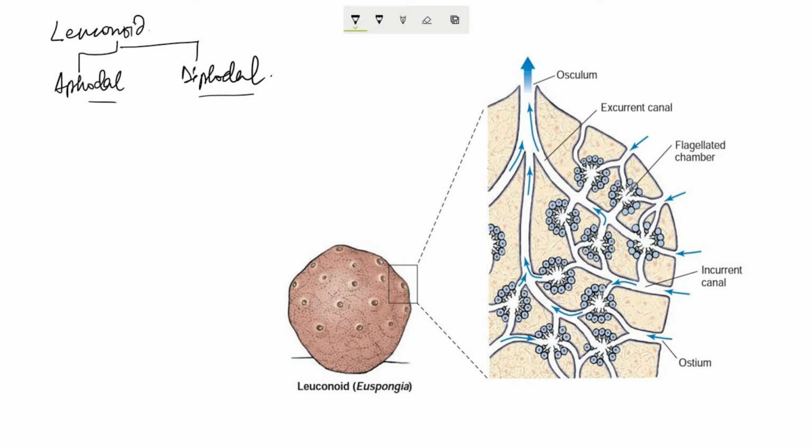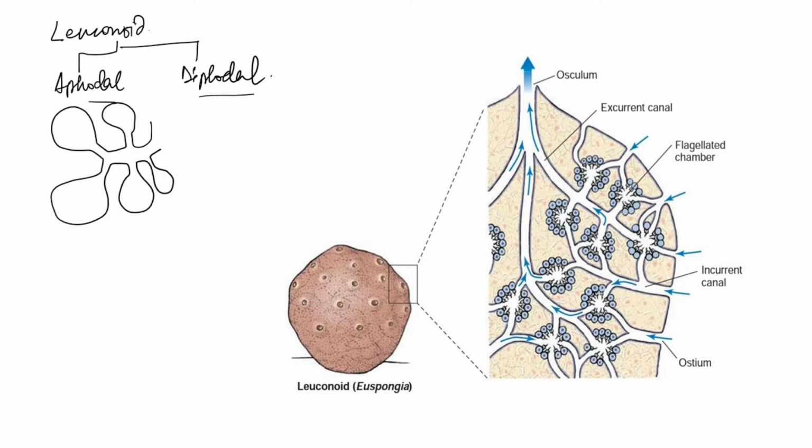In case of aphodal, what we see is the apopyle is longer in length.